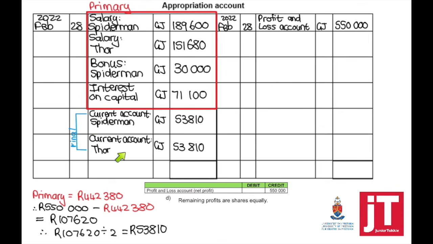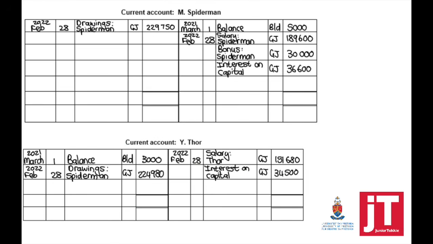Where do we take the final distributions of profits? To their current account. If you look at the appropriation account, there's no total carried down or brought forward, any of that. This is closed off. If you take the debit side, it must equal the credit side. In my current account, I will now have on the credit side the final distributions of profits.